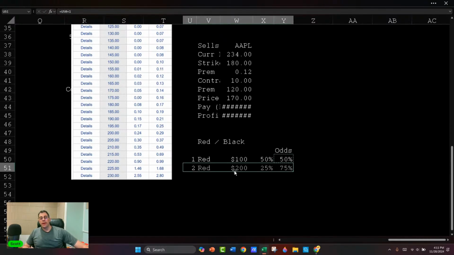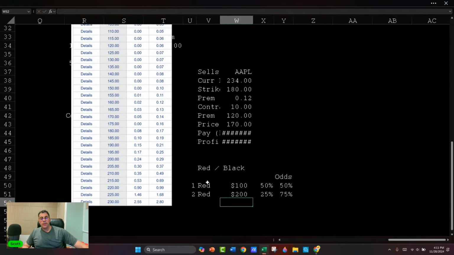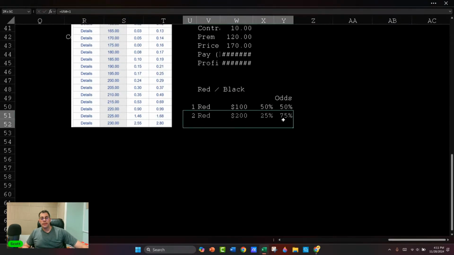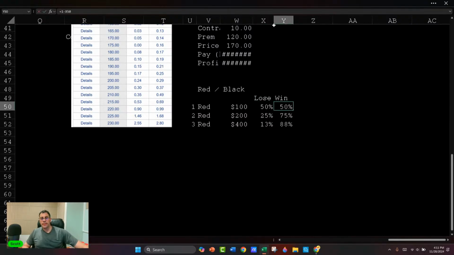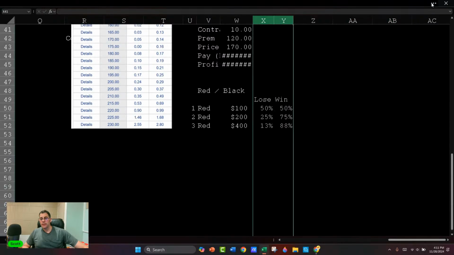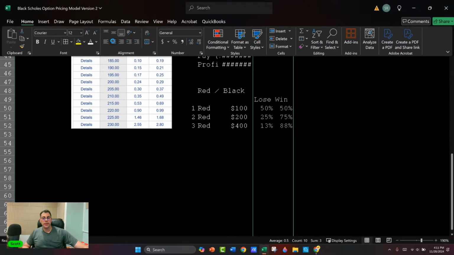But if you don't get it after the second, you double up again. What are the odds of you losing 3 in a row at 50-50? It's only about a 12% chance you would lose, and an 88% chance of you winning.